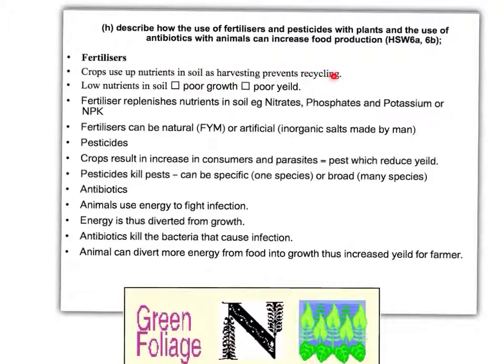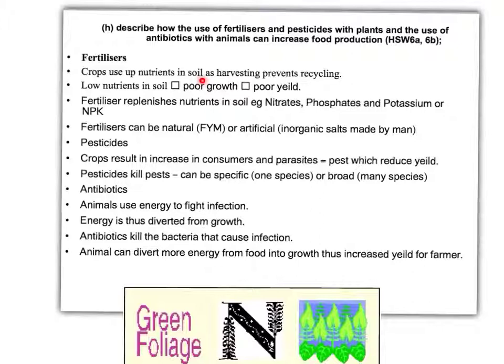For that to happen, the plants have to absorb various non-organic matter from the soil, things like nitrates, phosphates, potassium, magnesium, and various things like that. And what we do is that we then harvest that, so we remove all of those non-organic materials from the area, so it's never recycled.